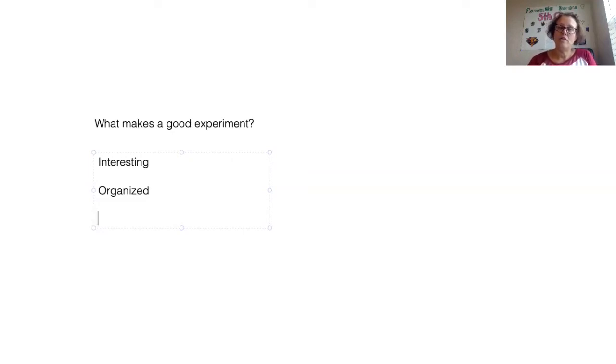And then when you do your trials, you take good notes and write things down as you do them. At the end, you want to reflect, and then you write your response. You put all that together in a very organized way that people can read easily. That's going to make a good experiment.